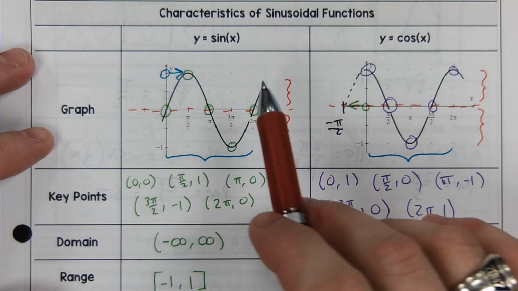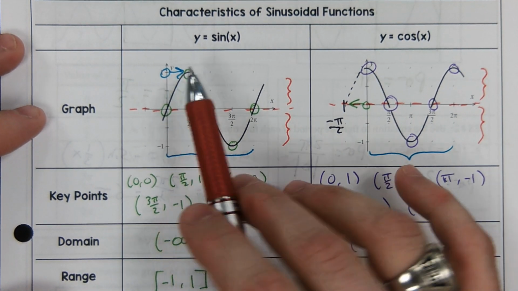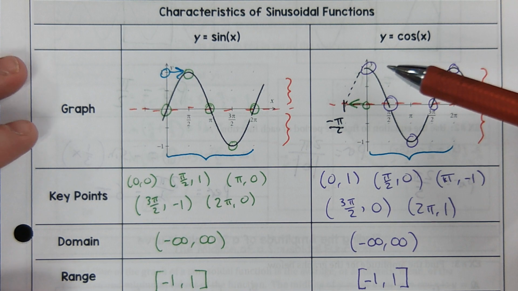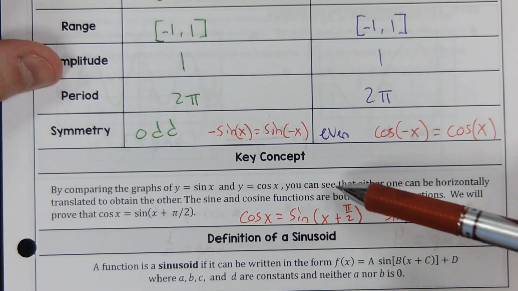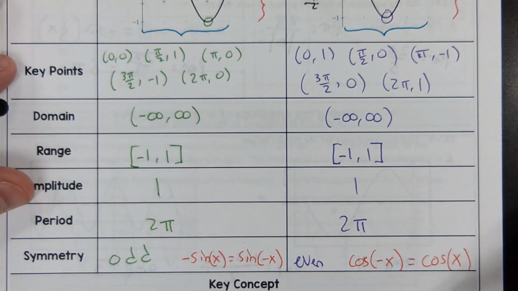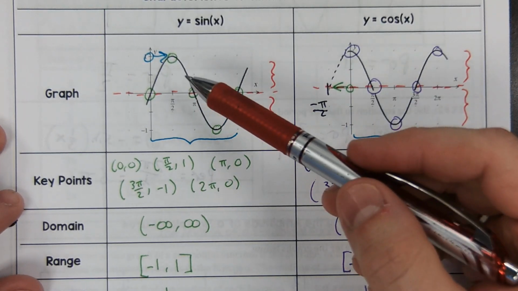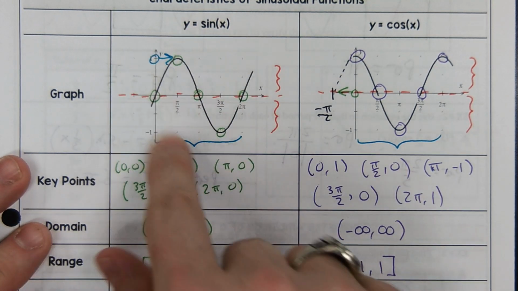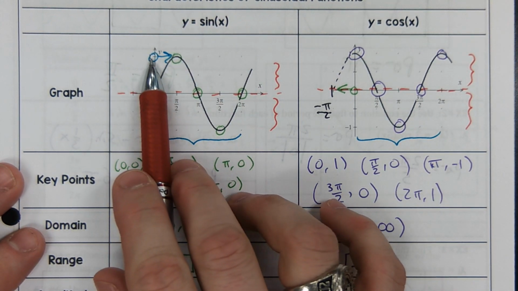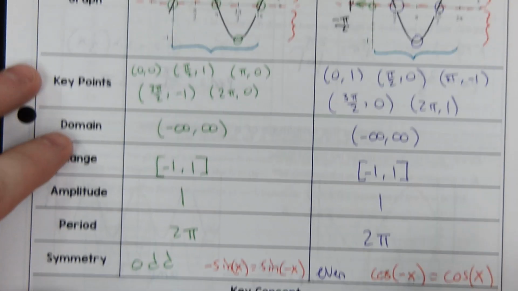I'm trying to say what the sine wave is, the cosine wave shifted, right? So this one, sine of x, if I want to call this a cosine wave, then I would say it's a cosine wave that's been shifted to the right pi over 2.